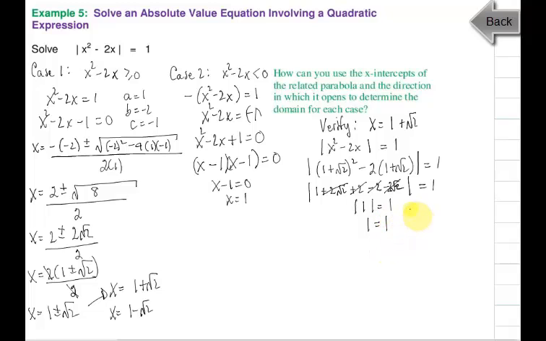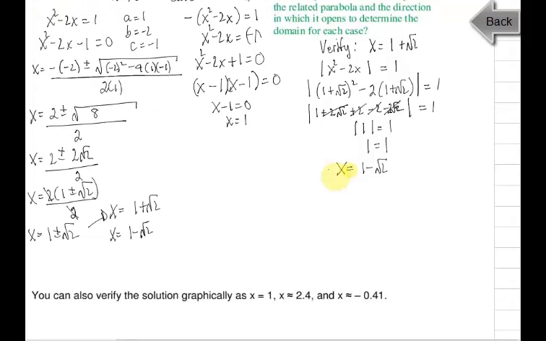Alright, so that works. Let's verify with x is equal to 1 minus the square root of 2. Okay, so into the original equation we're going to get 1 minus root 2 squared minus 2 times 1 minus root 2, absolute value equals 1. Okay, so we're going to FOIL 1 minus root 2 squared.